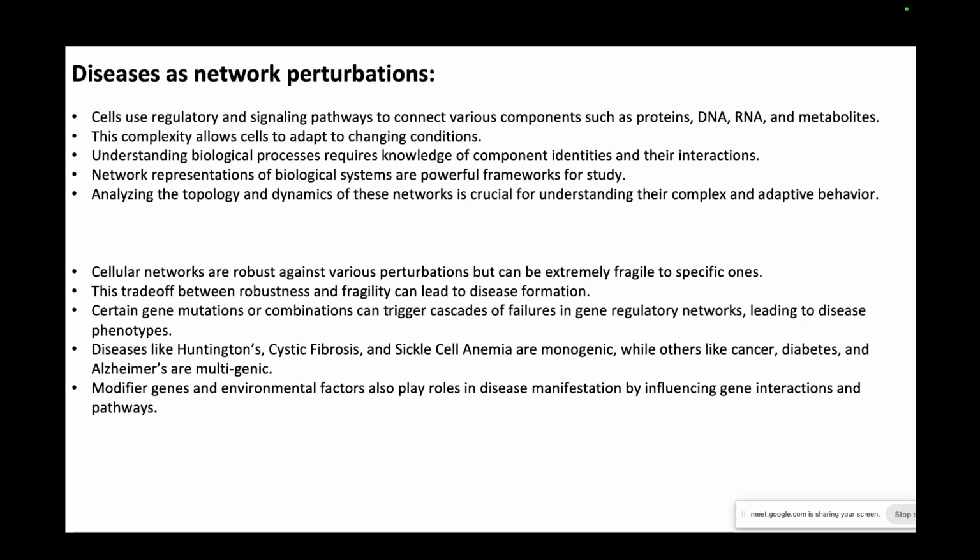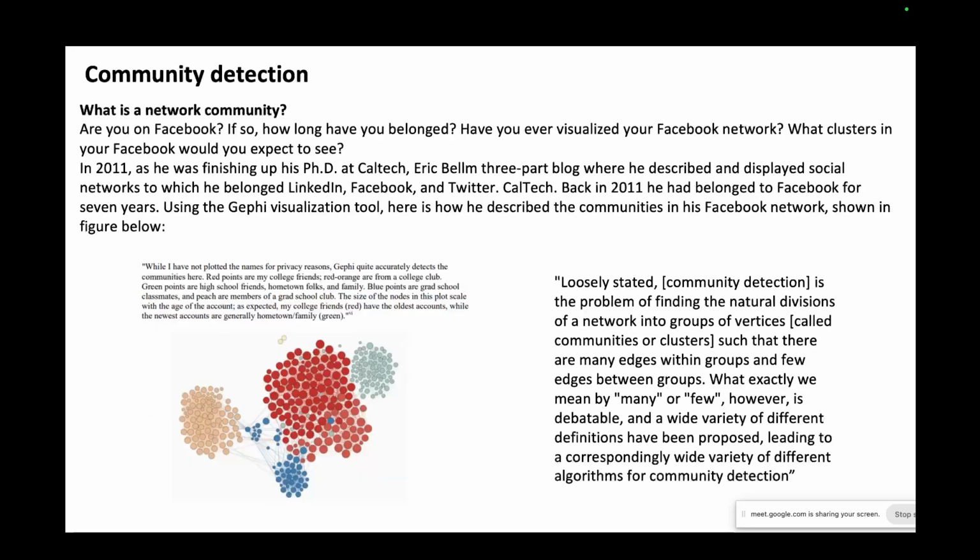So we can have a lot of variety of perturbations in the network. For example, one perturbation can cause a disease, but also 50 different perturbations can contribute and cause a disease as well. So we have to be careful about that.